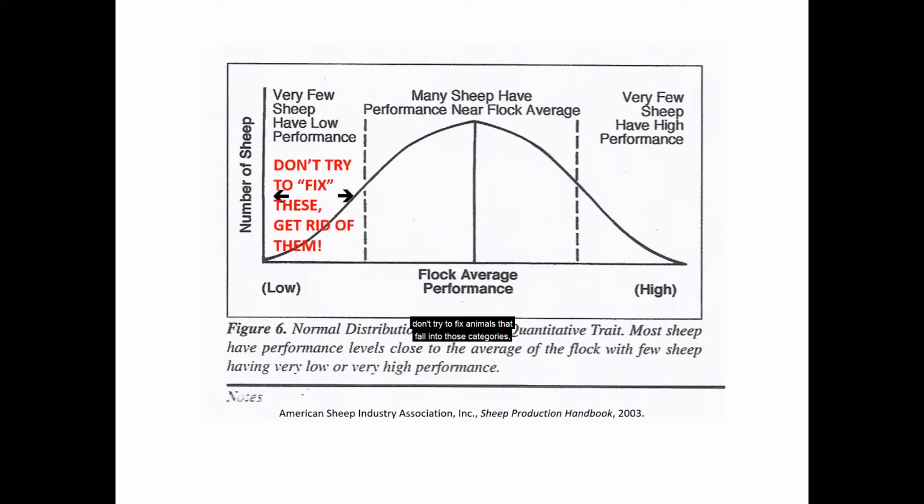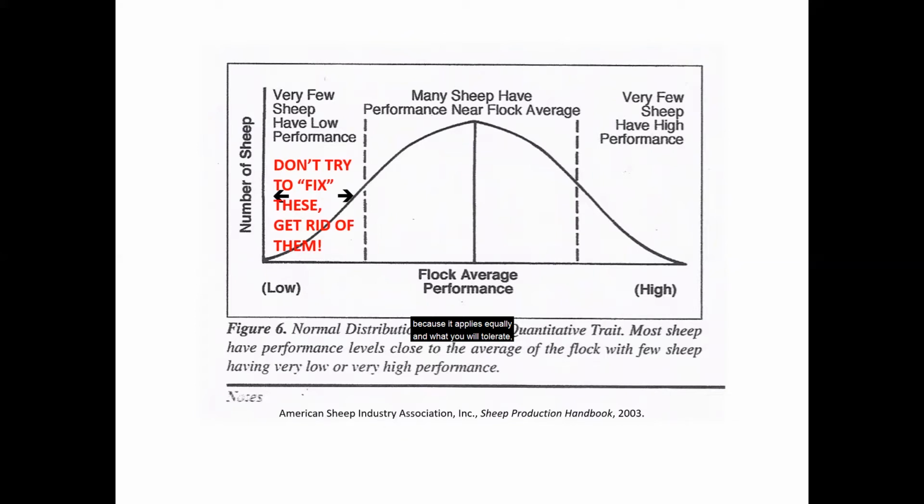One thing that I want to point out is with those low performers, and I run into this situation many times, don't try to fix animals that fall into that category. Get rid of them, remove them from the population.